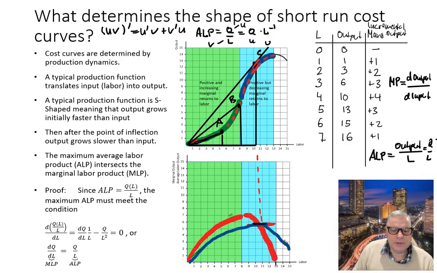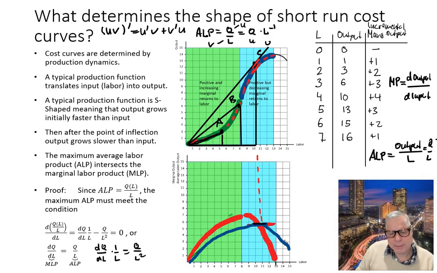So what did I do here? dq over dl, that's the marginal product of labor, times 1 over L. The second term I put on the other side, which is Q over L squared.